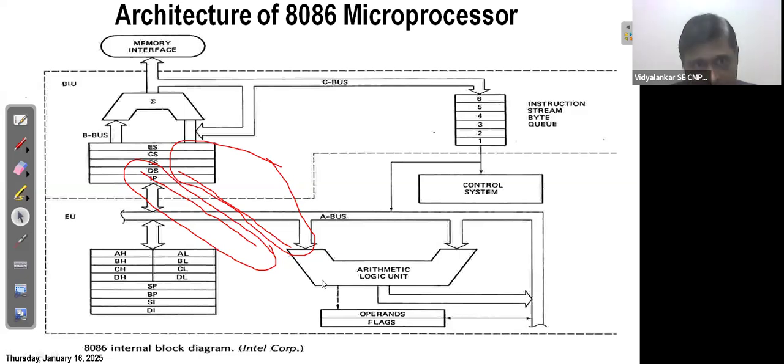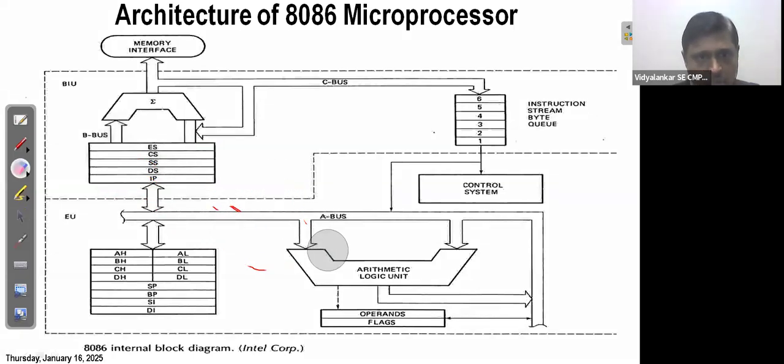That's why there are two logical parts in the 8086 microprocessor: BIU, which does the fetch, and EU, which does decode and execute. Now we will study in detail the architecture of 8086. Up to here, if you have any query, you can raise your questions.